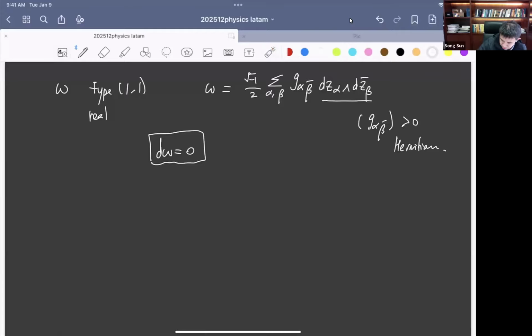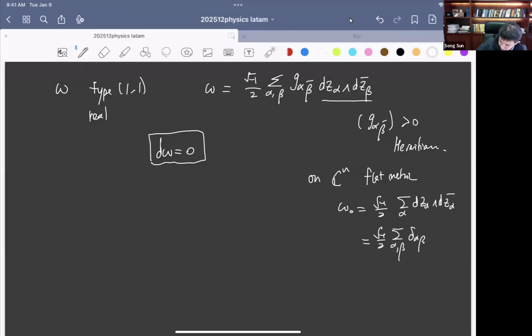Remember on C^n, the standard flat metric omega 0 is just the sum of dz alpha wedge dz alpha-bar. You can write this as the sum over alpha, beta of delta alpha beta dz alpha wedge dz beta-bar.